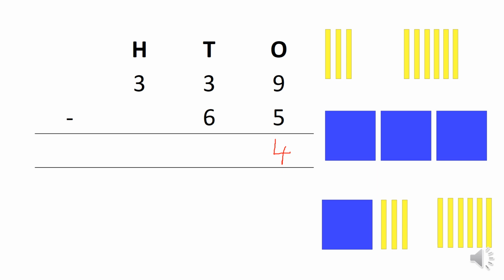So I need to go to the hundreds column. Here I'm going to exchange 100. I'm going to leave 200 there. I'm going to put this 100 over here. So now I have 130 take away 60, which is 70. Go to my hundreds. 200 take away nothing is 200.